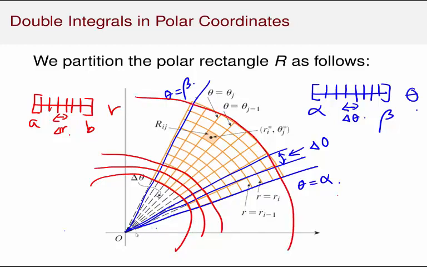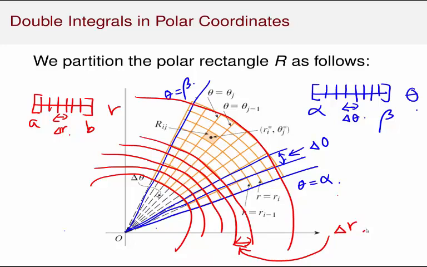Notice the smaller circle has radius a and the largest one has radius b. Moreover, adjacent circles must be of distance delta r apart from each other. In other words, if you look at adjacent circles, the difference in their radius is precisely delta r. You follow me?